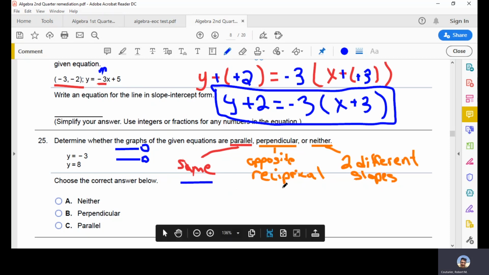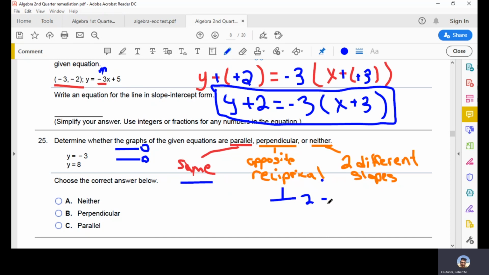So parallel lines always have the same slope. Perpendicular lines run into each other like this, like a T. So if you have one line being like 2, the other line is going to be the opposite reciprocal. So opposite means change the sign, and the reciprocal means you flip it upside down.